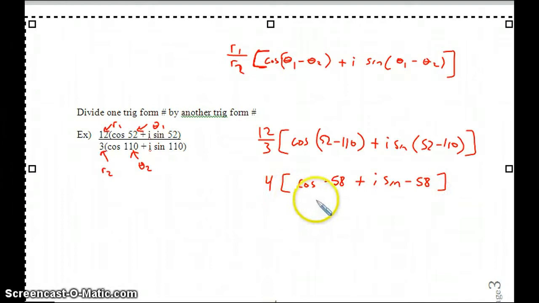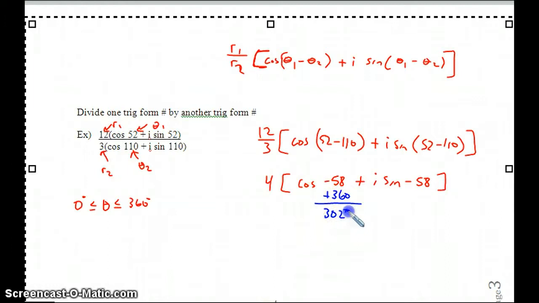Now, one thing I want to remind you of is that your theta must always be between 0 and 360 degrees. In other words, one time around the unit circle. This is not one time around the unit circle, so find the coterminal angle with that. The coterminal angle would be when I add 360 degrees to that. So that would end up being 302 degrees.